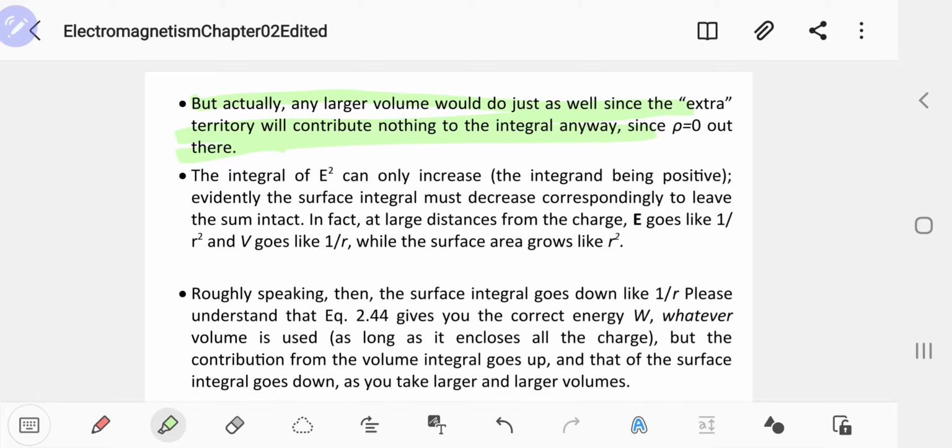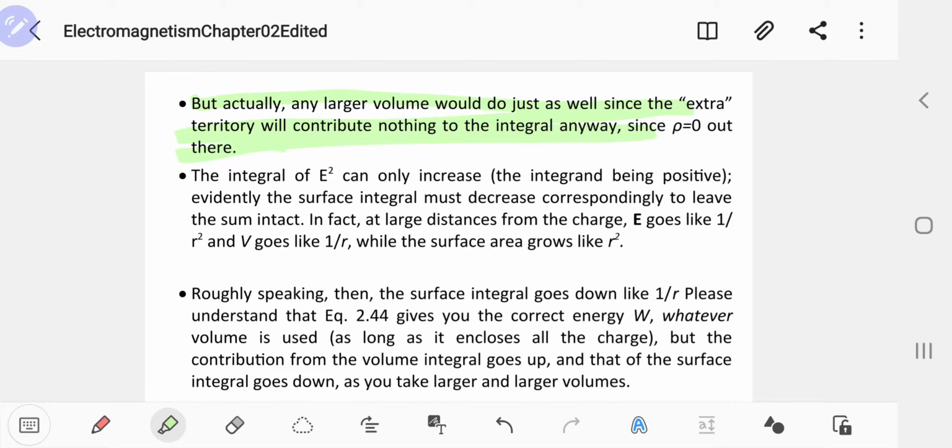So any larger volume would do just as well, since the extra territory will contribute nothing to the integral anyway, since the charge distribution is equal to 0 in the other region. You're only integrating the region in consideration where the charge distribution is.